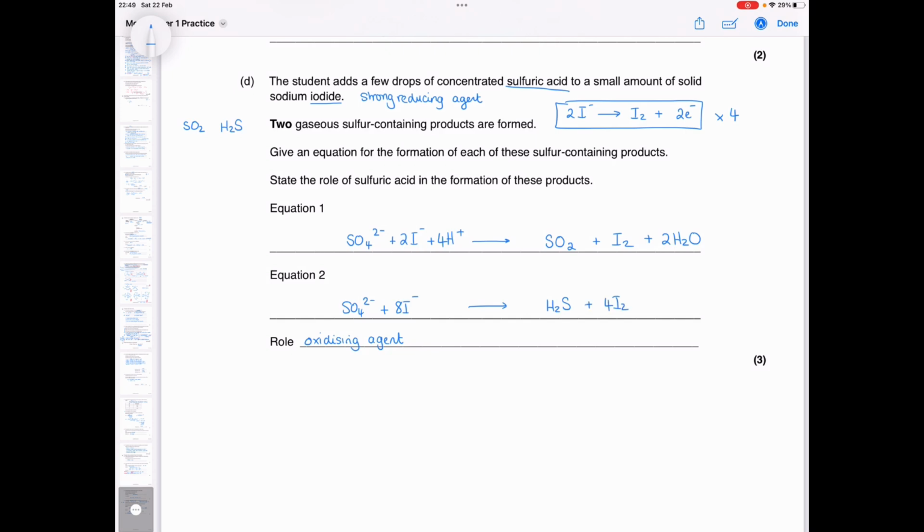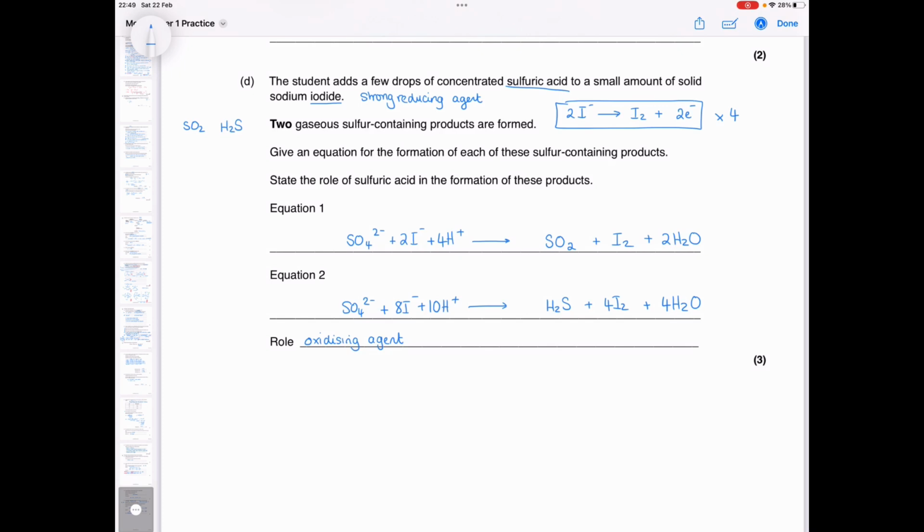Looking at the number of oxygens with the sulphate, we've got SO4 2 minus, so we've got to make 4 waters, and then we're going to need to add our H pluses. So we need 8 H pluses to make the waters and another 2 to make the H2S. So in total we're going to need 10 H pluses, and that's how we construct that equation.